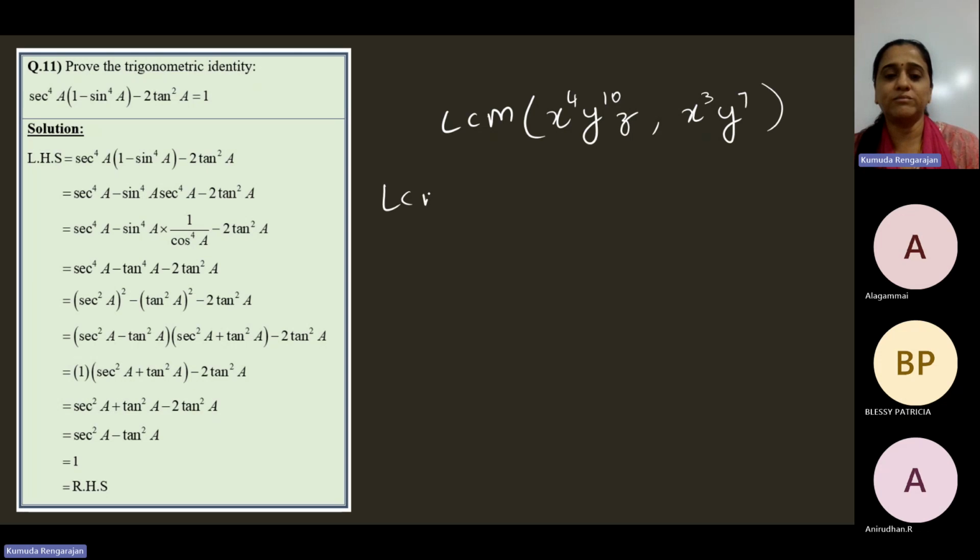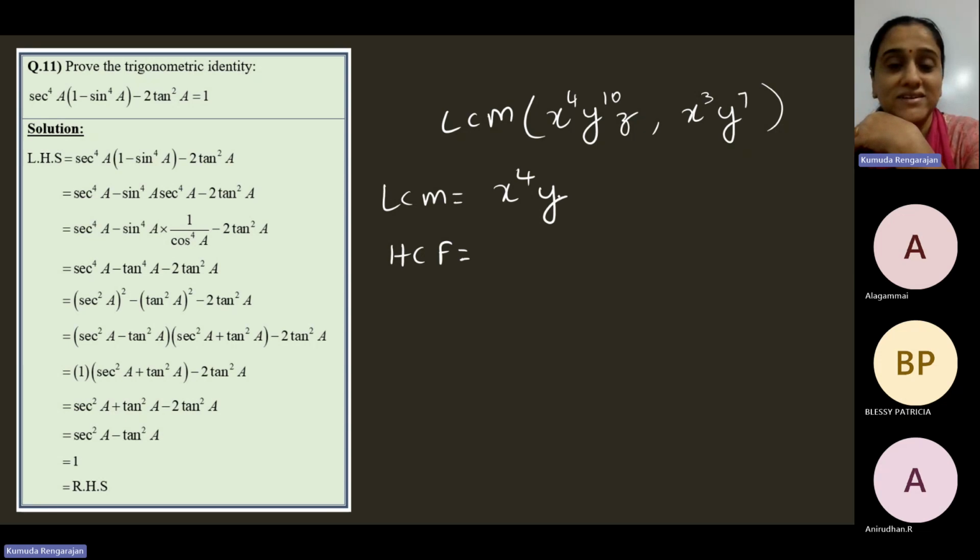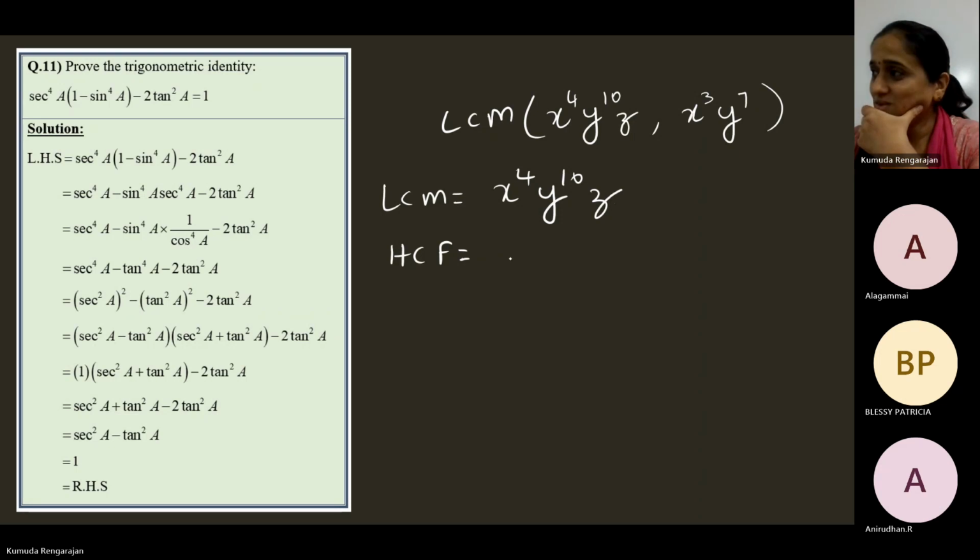What's the LCM and HCF? LCM is x to the power, y power 10, z also. Okay, then HCF. Very good.